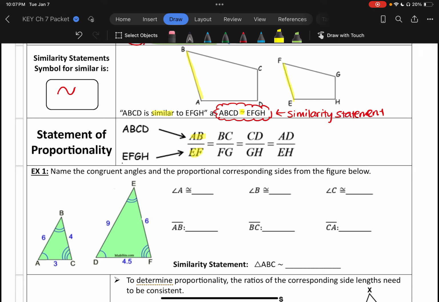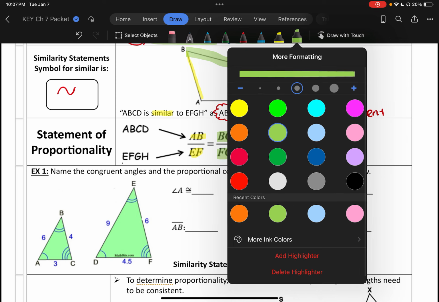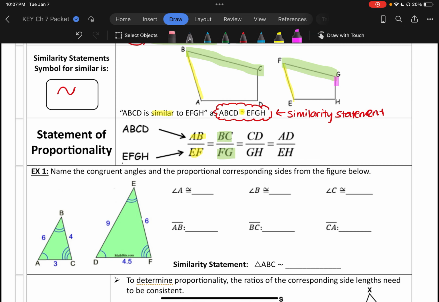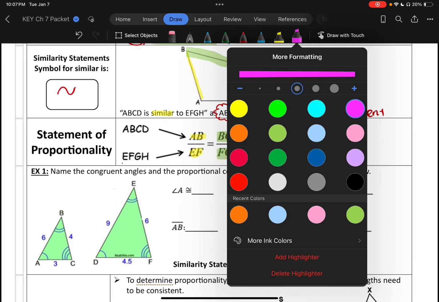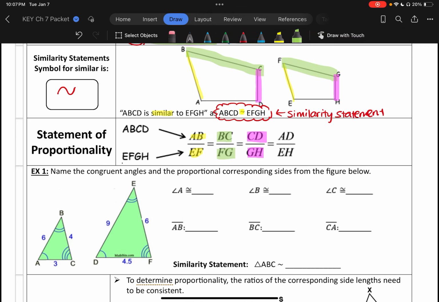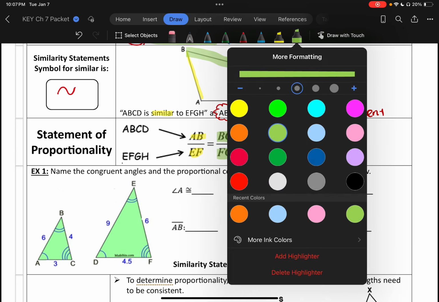That's how they're setting this up. BC corresponds to FG, so that's why they set those over each other. It's really just a matching game here. CD and GH correspond to each other. And lastly, we have the side on the bottom, which would be AD. I'll actually use a different color here.